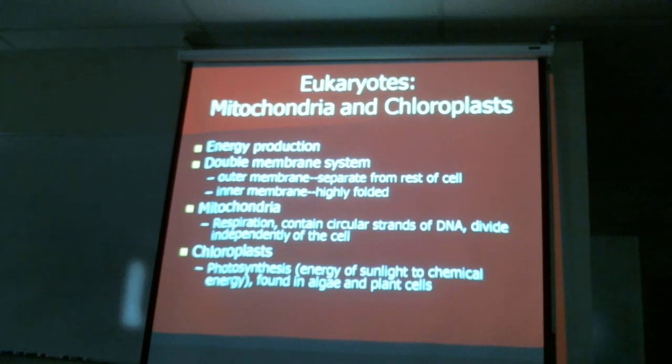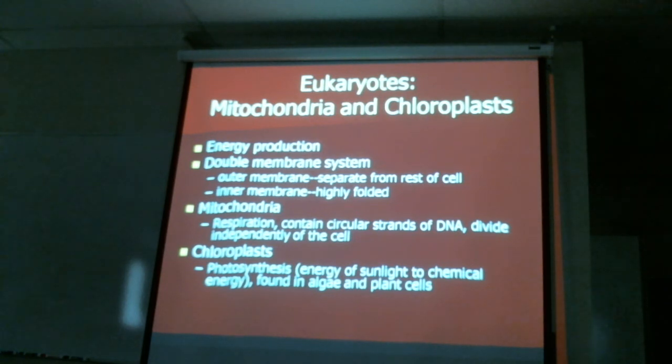Mitochondria, chloroplast, you know this for energy production. Chloroplast specifically for photosynthesis, you find those in algae and plant cells. I really won't get into photosynthesis this term, but just to give it a little bit of credit. Mitochondria have an outer and inner membrane, and a lot of times they're compared to a gram-negative bacteria. Scientists have studied this and came up with a couple of different genus and species that the mitochondria might have been descendants of.